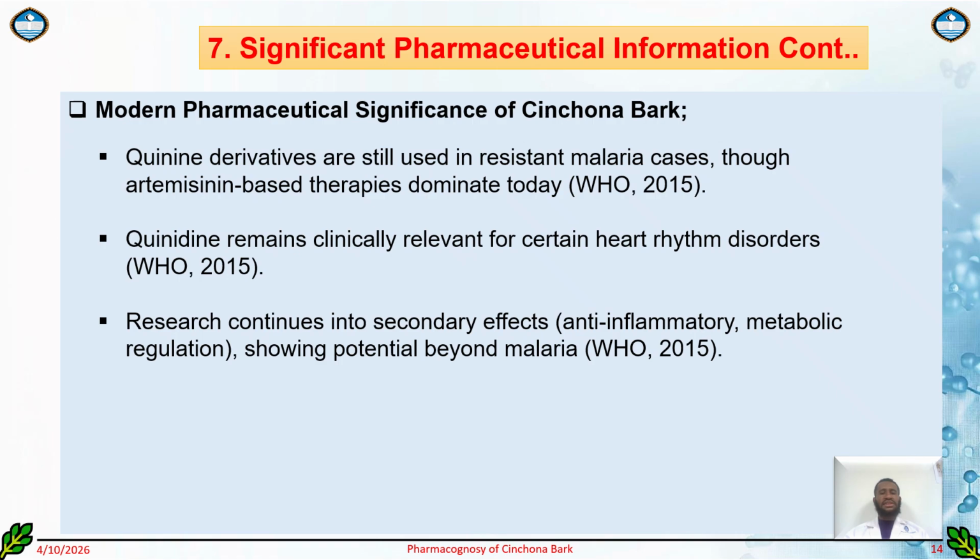Modern pharmaceutical significance of cinchona bark. Quinine derivatives are still used in resistant malaria cases, though artemisinin-based therapies dominate today. Quinidine remains clinically relevant for certain heart rhythm disorders. Research continues into secondary effects, anti-inflammatory and metabolic regulation, showing potential beyond malaria.